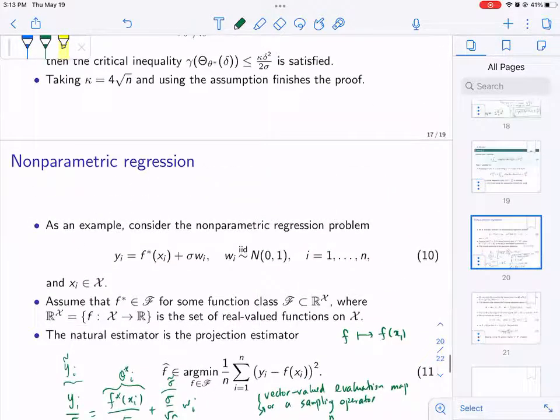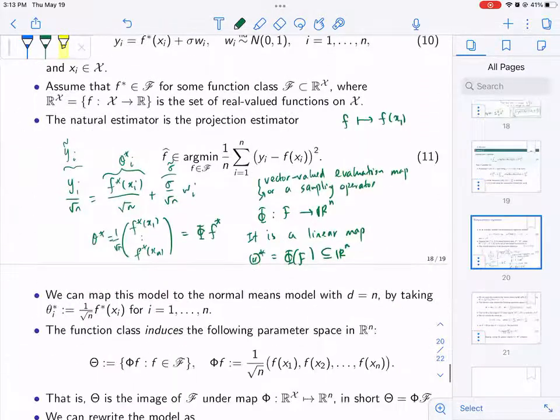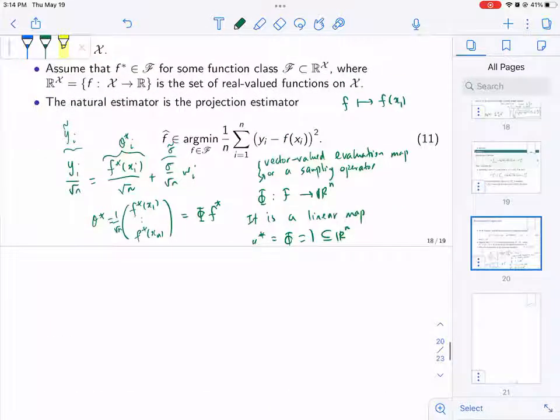And then this projection operator that we have seen here, if you look at it, the projection operator is the argmin over f in F of 1 over n summation i from 1 to n, (yi minus f xi) squared.